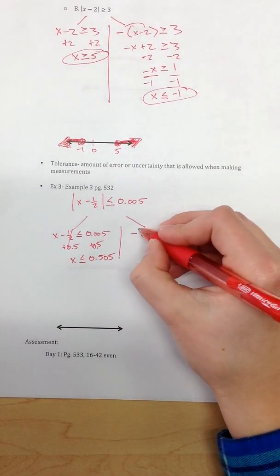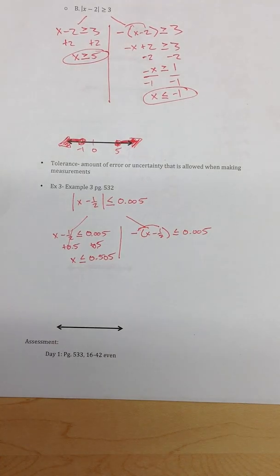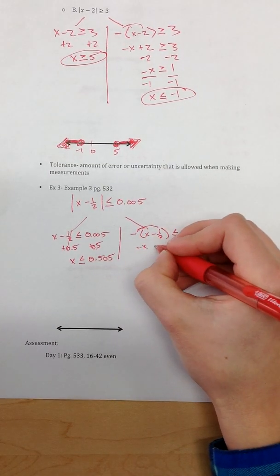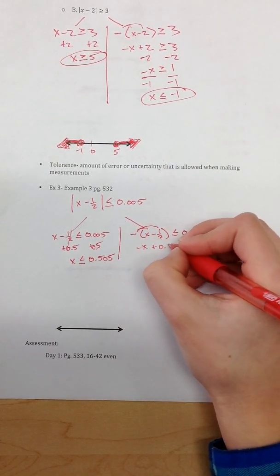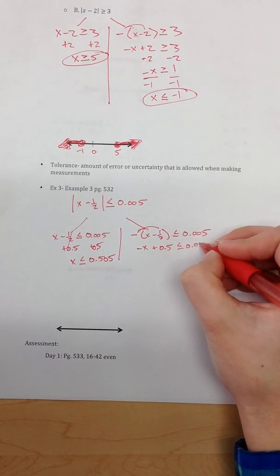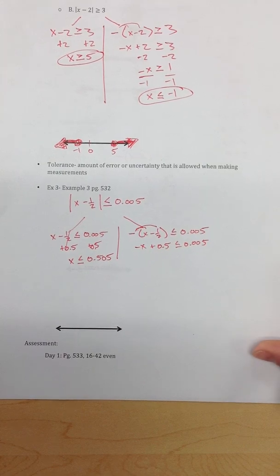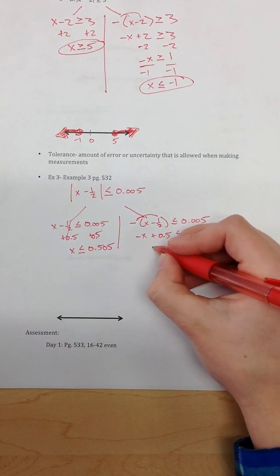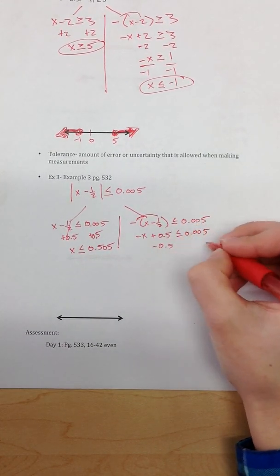And then over here, I'm going to distribute that negative to both of those things, so negative x plus a half, which I'm changing to 0.5, is less than or equal to 0.005. To get rid of adding a half, I'm going to subtract a half from each side.